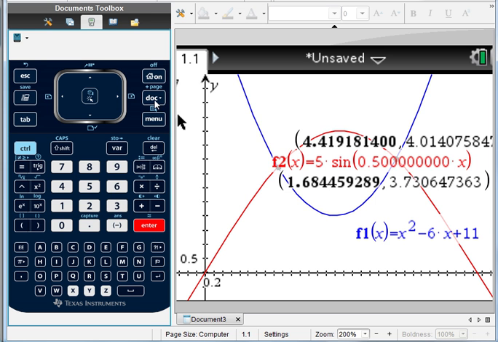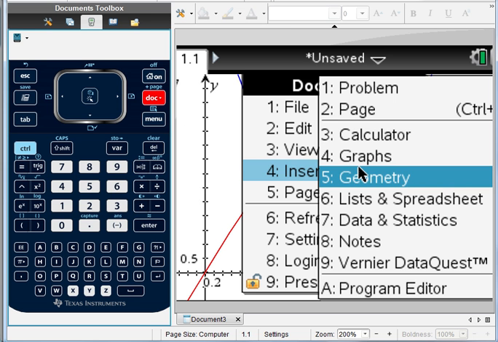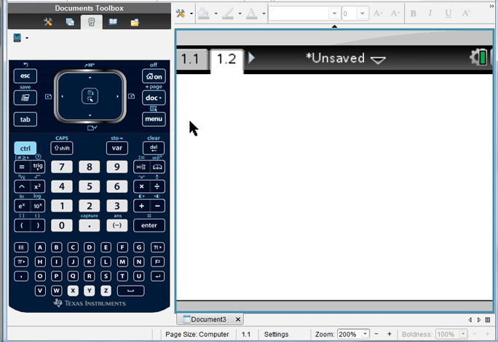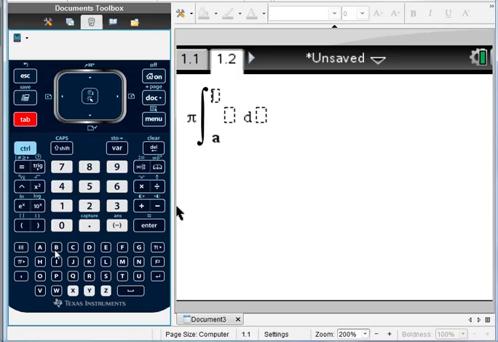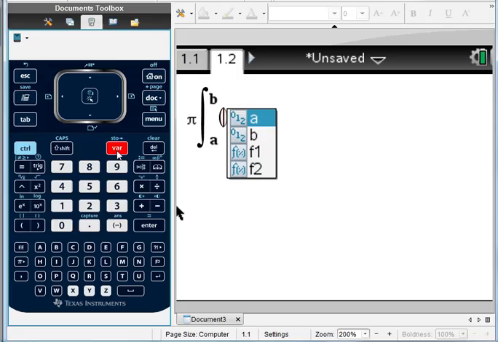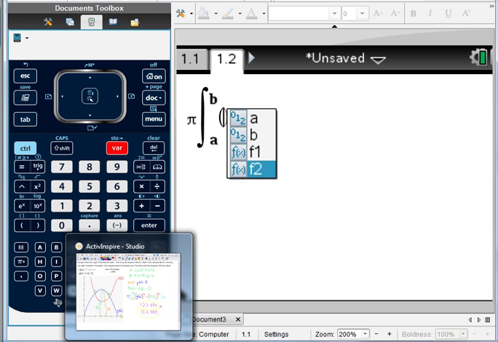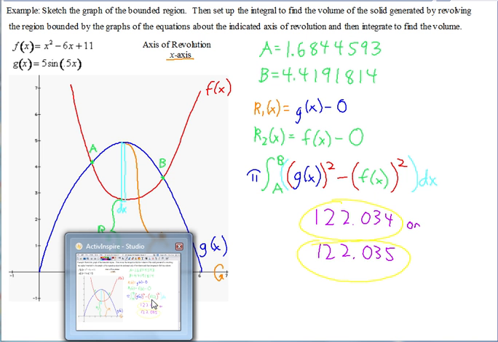And then document, insert calculator. And you can put the pi out in front, which is what I forgot to do on the 84. And then the integral from a to b, and we'd have parentheses here. Our integral was f1 squared first. Actually, no, it's g of x squared first.